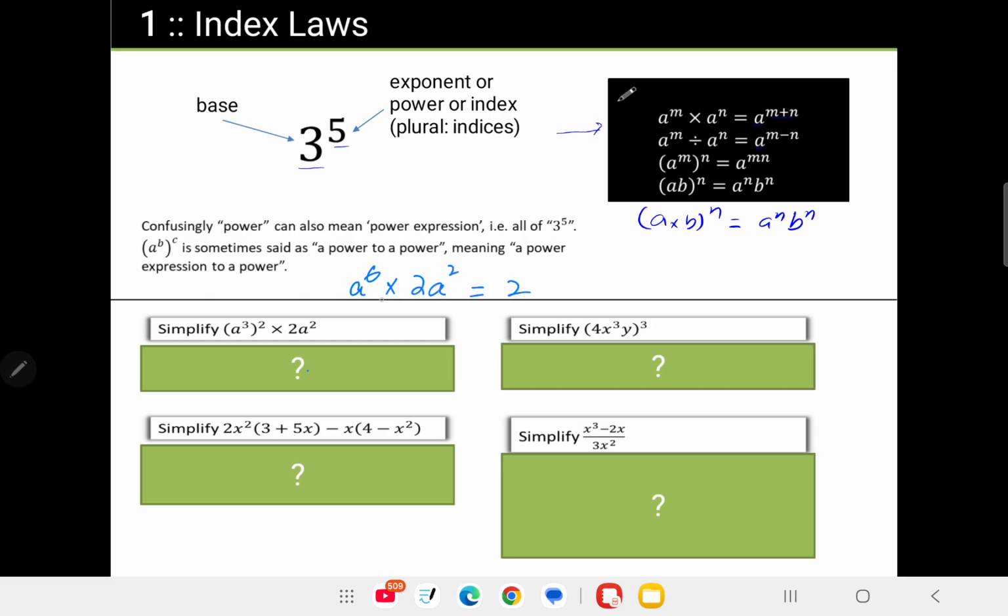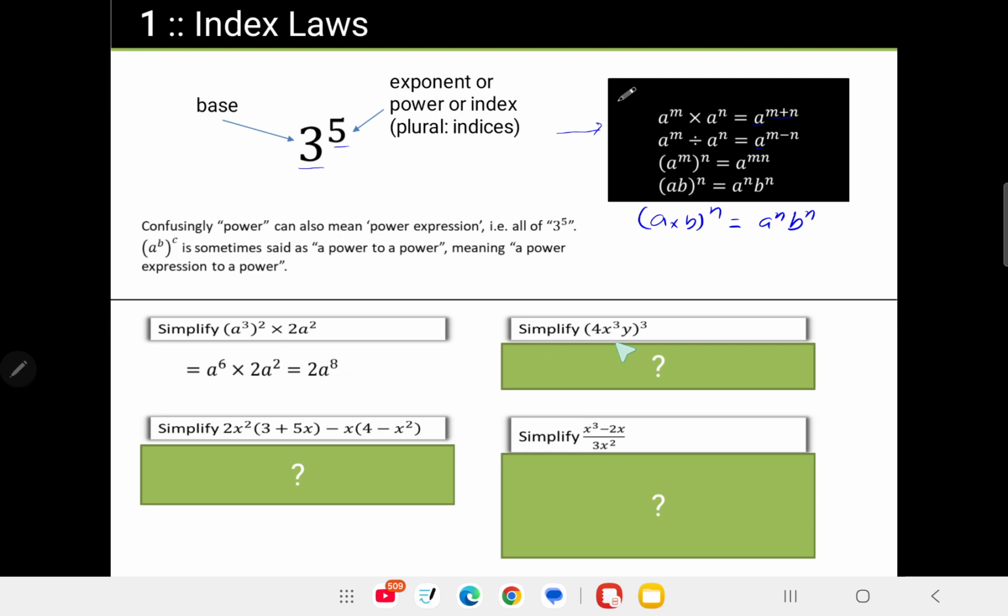We can keep 2 as it is, and a to the power 6 times a to the power 2 will be a to the power 6 plus 2, which is 8, because we have the same base and we are multiplying, so we add the powers. So the answer is 2 times a to the power 8.